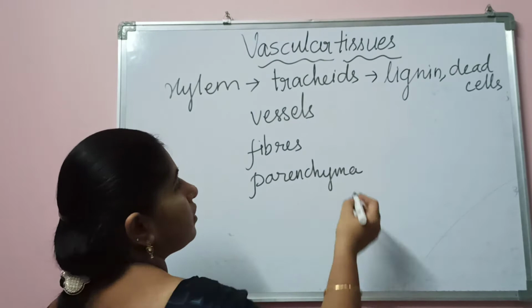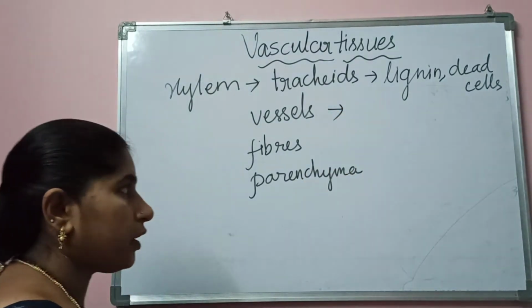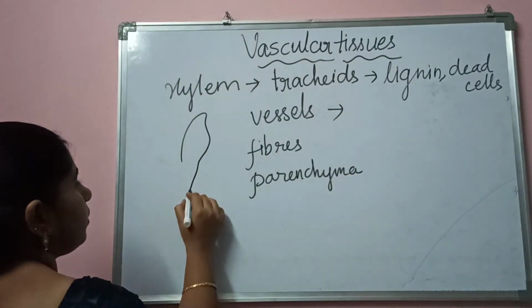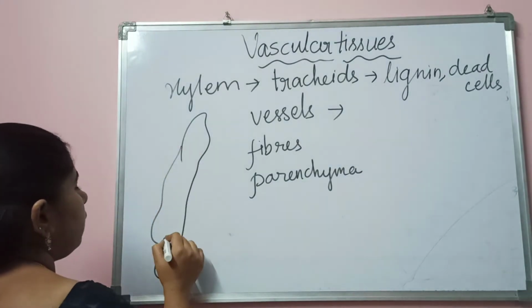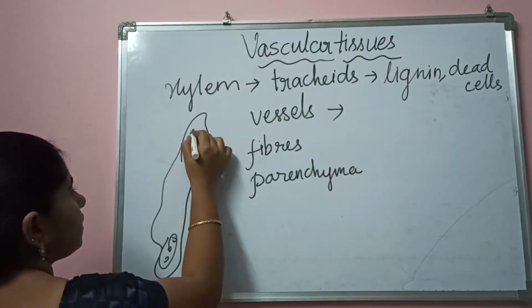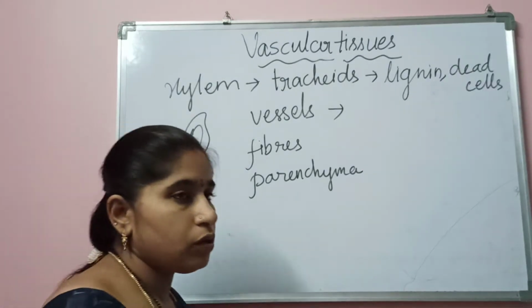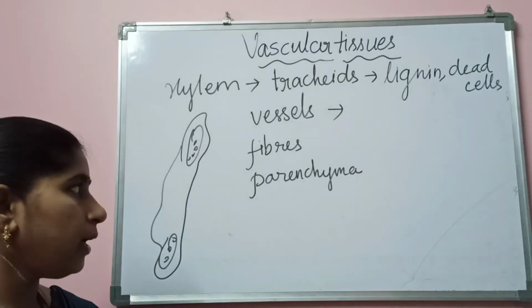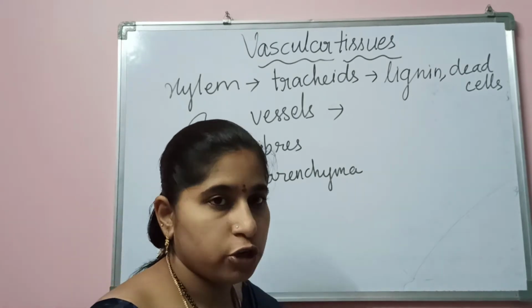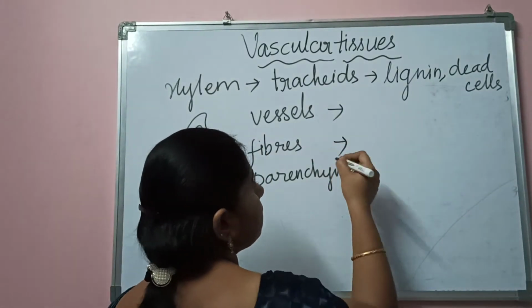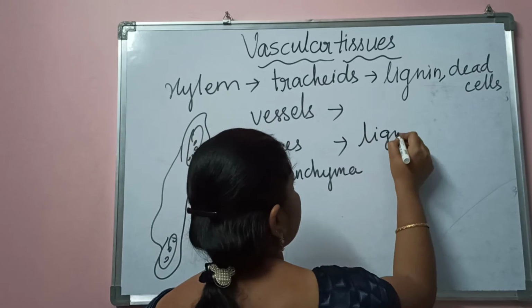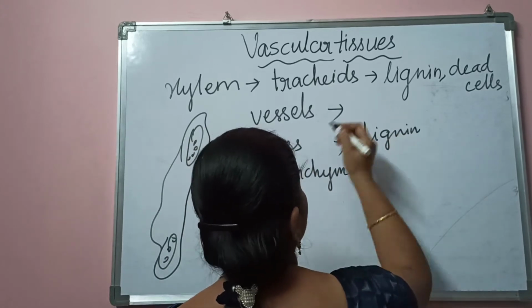The vessels are also longitudinal cells, and large-sized vacuoles are present in these vessels. They are important in the angiospermic plants and help in the transportation of water. Fibers are also made up of lignin.